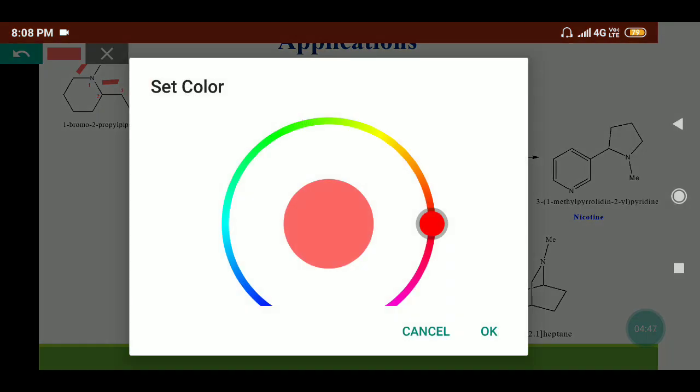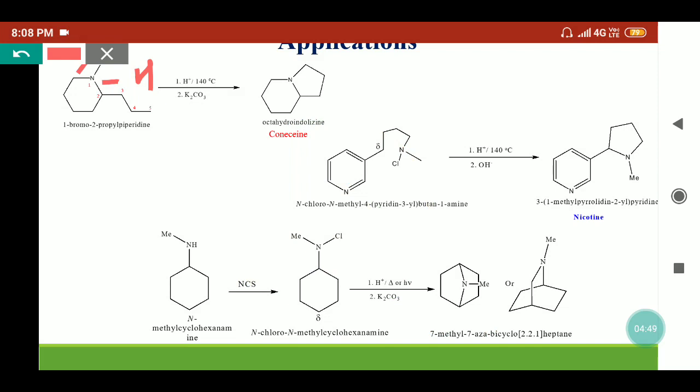Then this bromine will eliminate from here. It will generate a cationic radical. After the cationic radical formation, the bromine will eliminate and goes to the carbon radical, that is the hydrogen abstraction takes place from the fifth carbon, that is a delta carbon. So it will form the conhydrine product, that is a natural product.